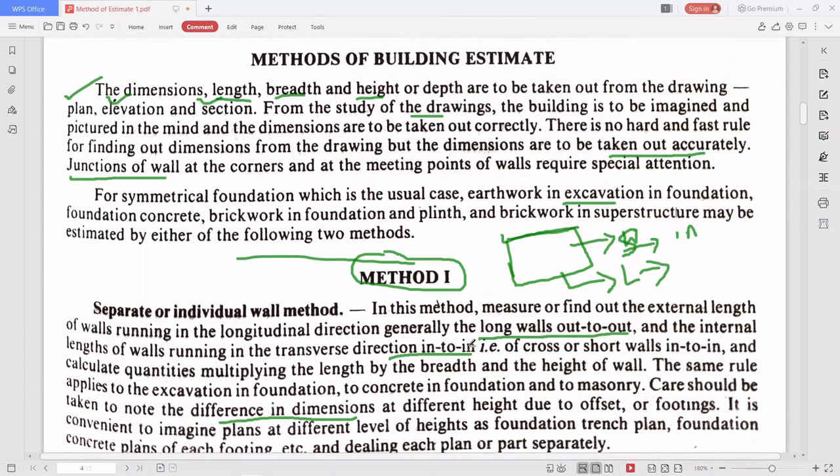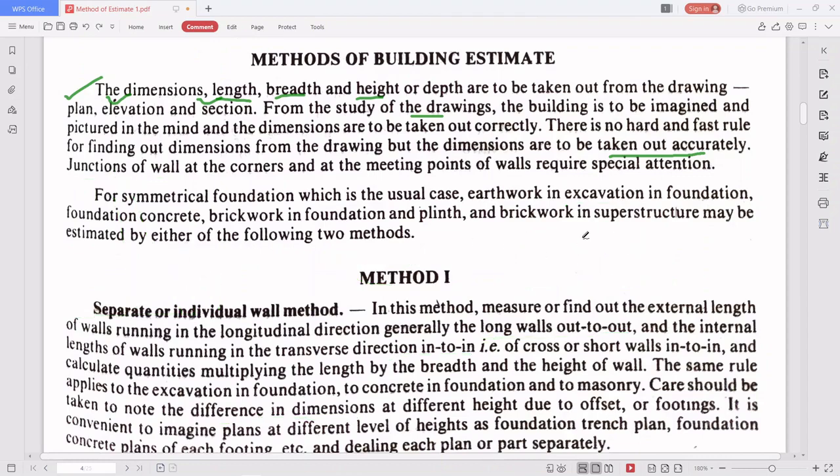So what it means is, if you take a foundation, this is the foundation. If a room is there, then you will have two foundations. Let us take this as foundation, and these are at the same levels.